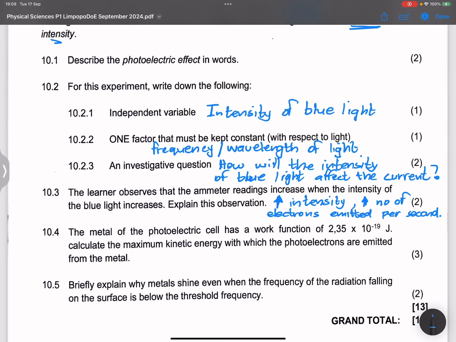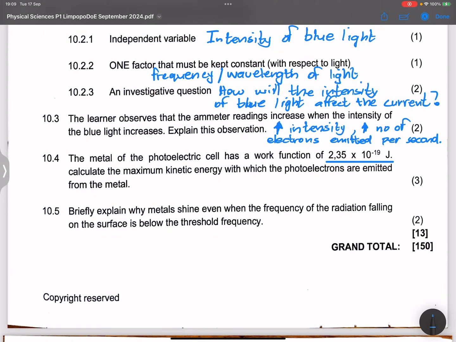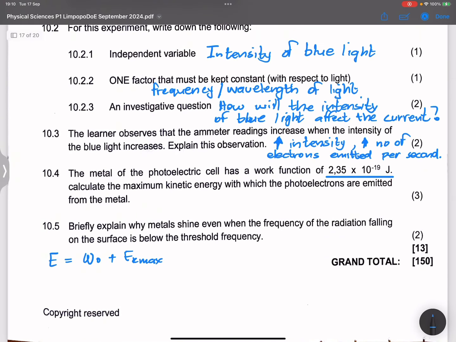They say the metal of the photoelectric cell has a work function. That's the work function there. Calculate the maximum kinetic energy with which the photoelectrons are emitted. So I'm going to say, well, we know that E is equal to omega 0 plus EK max. We want to find out the maximum kinetic energy.